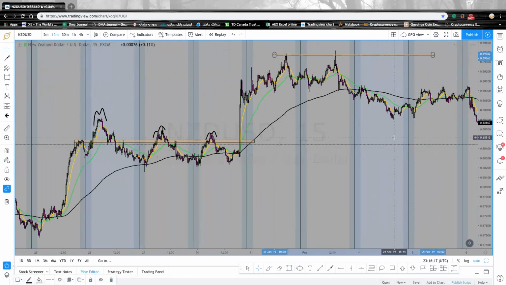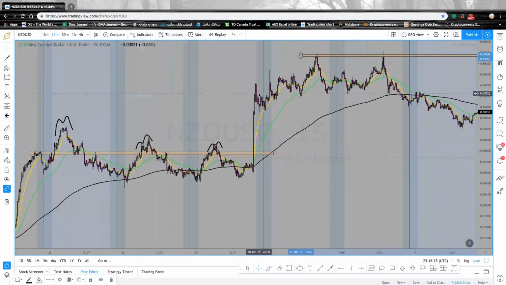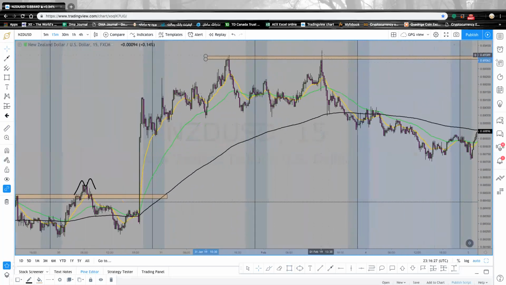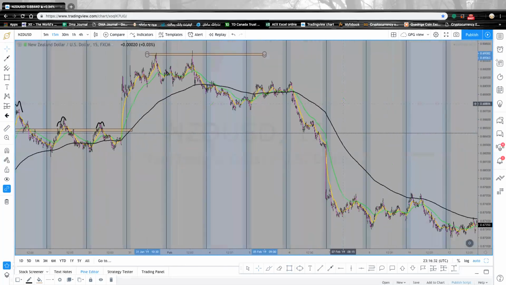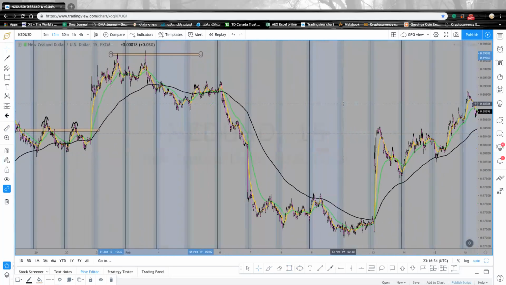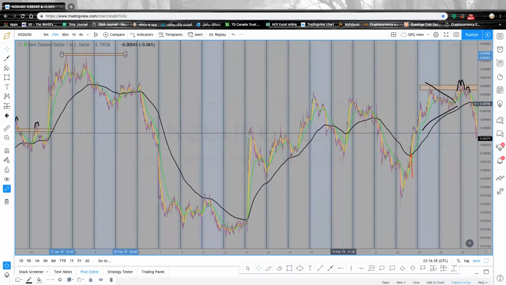Why? Because that wick is not a candlestick story, it's the market maker's story telling you, I grabbed all the orders above here and I'm gonna get out of this low, not coming back anytime soon. See how many wicks? They're not coming there.